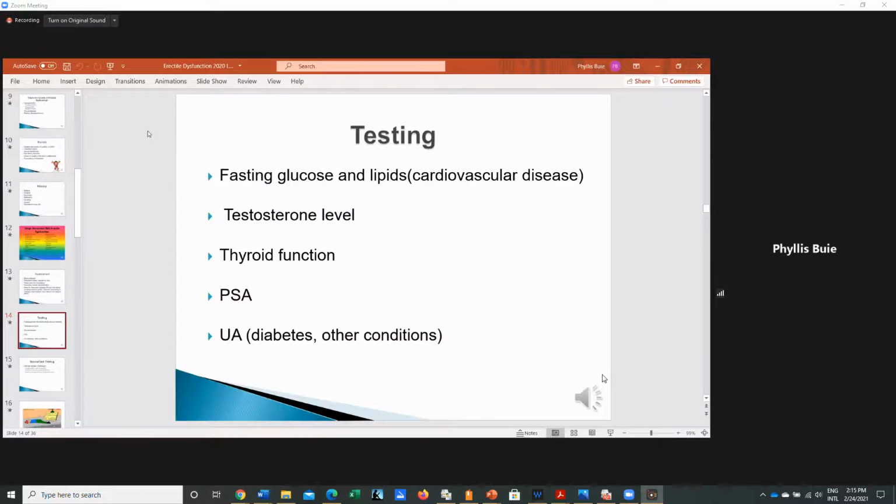We may want to look at the PSA as well to make sure that we don't have any type of prostate cancer going on in there that we didn't know about. And then, of course, urinalysis is going to help us determine diabetes, as well as any other potential renal issues that may be going on that we don't know about, that may be contributing to the fact that they cannot perform adequately.